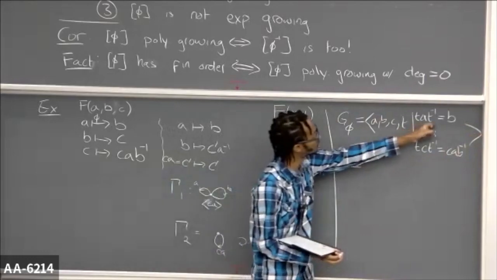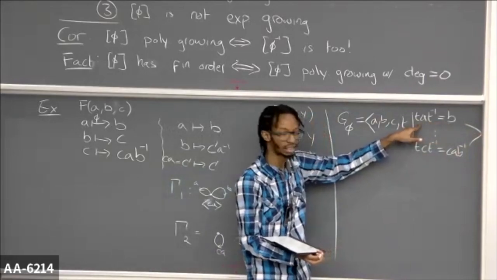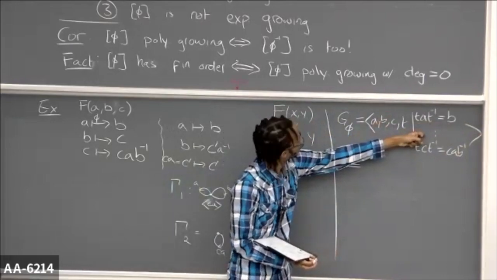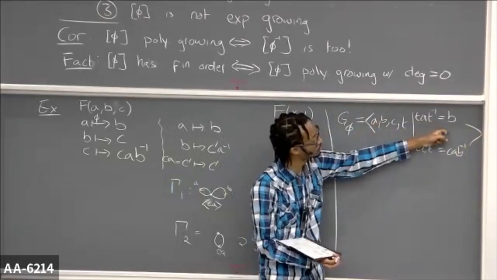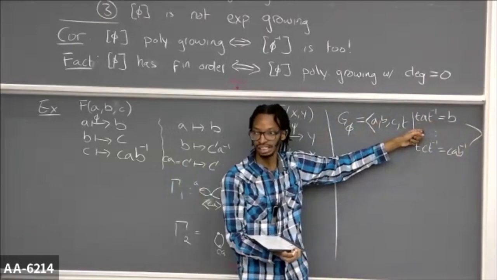This presentation tells me I don't really need B because B is T A inverse. So I can get rid of B. And then the second relation tells me I don't really need C because I can rewrite it in terms of A and T as well.